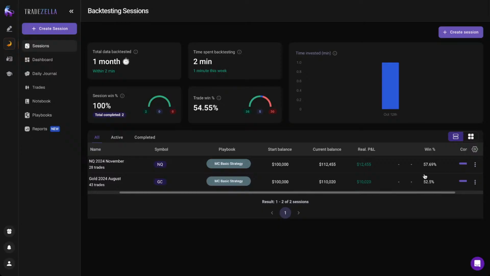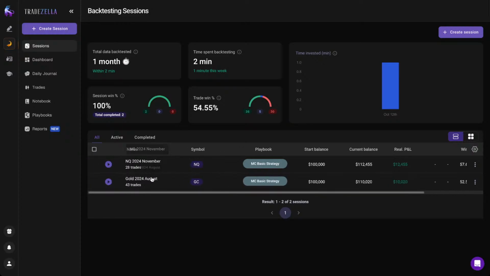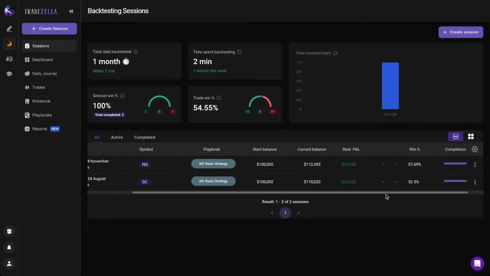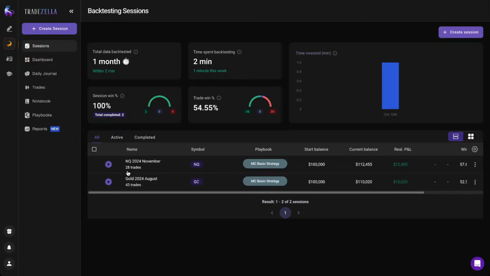Because we are learning to stick to the plan at all times. And in this NQ session, we made some mistakes where we did not stick to the plan. So I think this win rate can go even higher. I think we can make more than 12 grand in less than 28 trades.